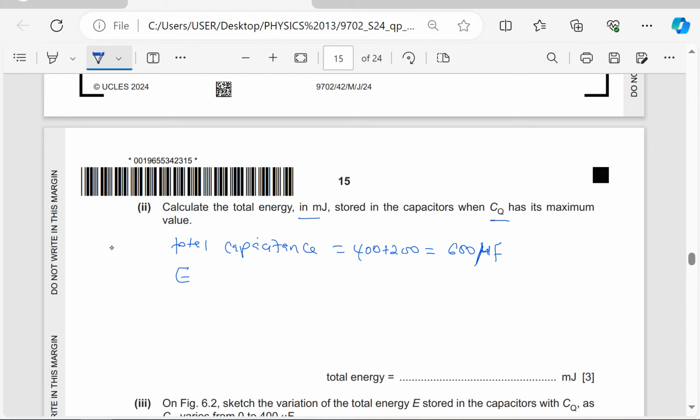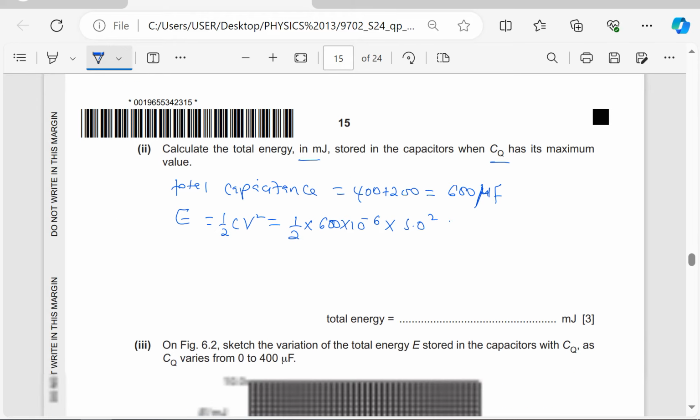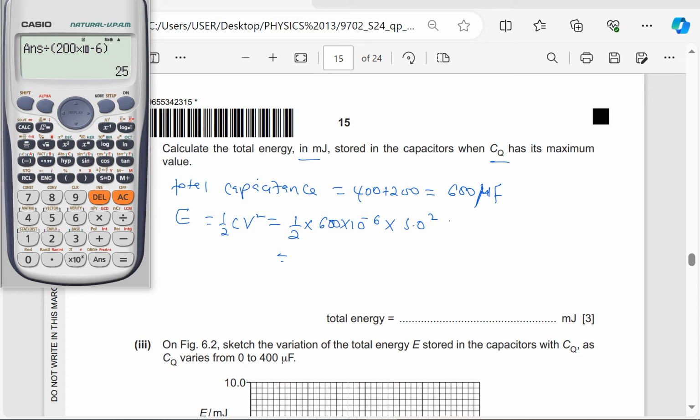So the energy stored now is going to be a half CV squared. Of course, V will not change. So this is going to be a half times 600 times 10 to the power of minus 6, then times 5.0 squared. I'll just press my calculator. Half is 0.5 times 5 squared times 600 exponent minus 6.